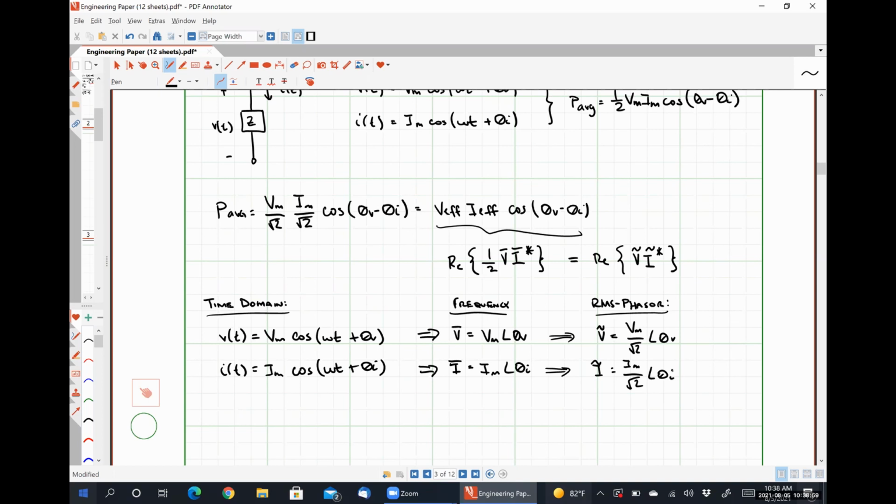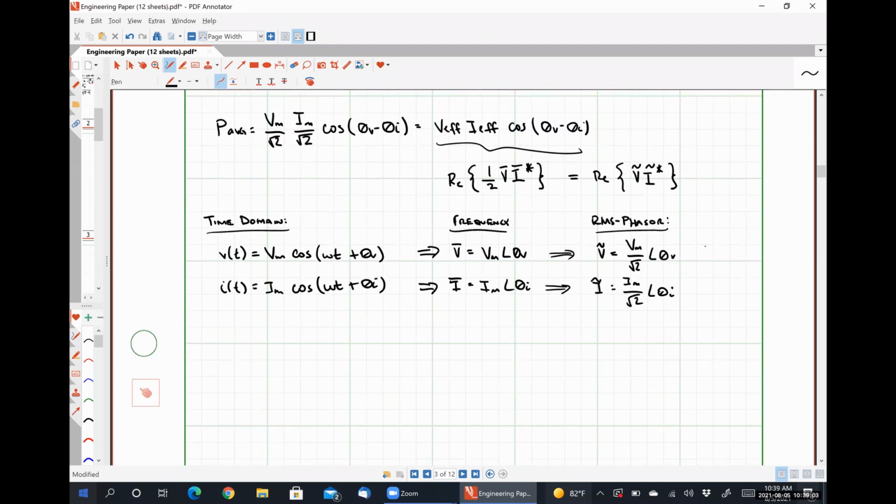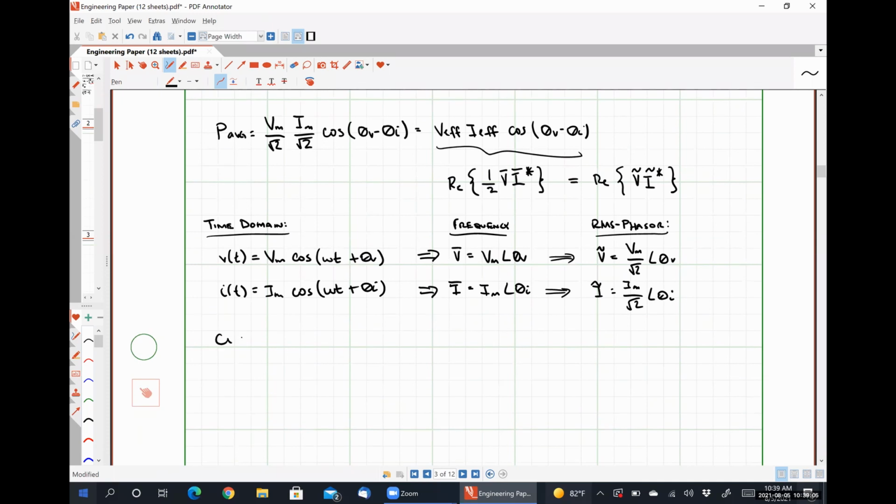So that operation that we did a moment ago is called the complex power. It has a symbol S with a bar over it because it is a complex number.